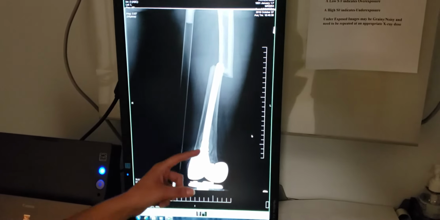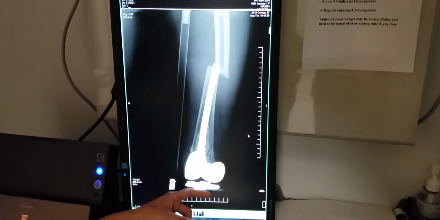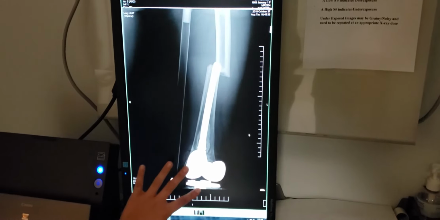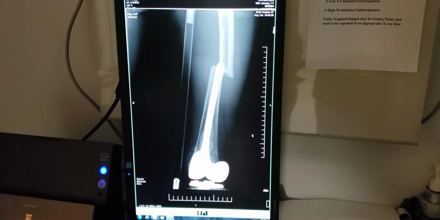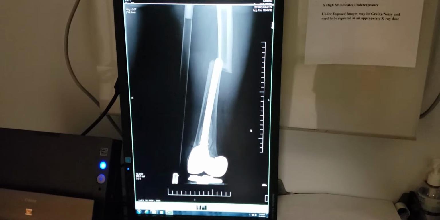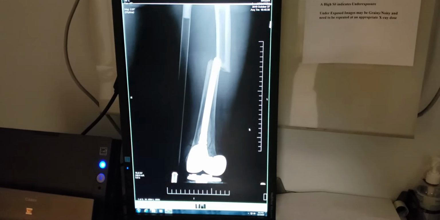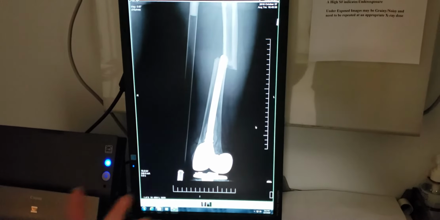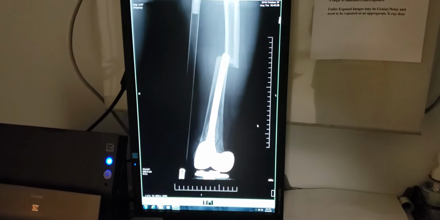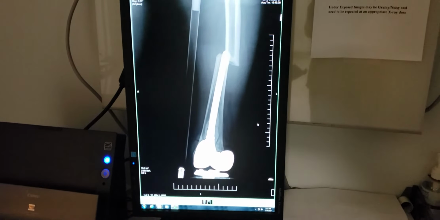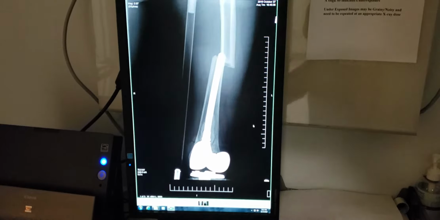So, of course, the tech didn't necessarily get all of the hardware here. The tech didn't necessarily include it all, but that was fine because they did know they were doing the knee anyways. So that's why it's not best visualized here. However, in those other images that we don't have, it was visualized. The rest of the hardware was best visualized.